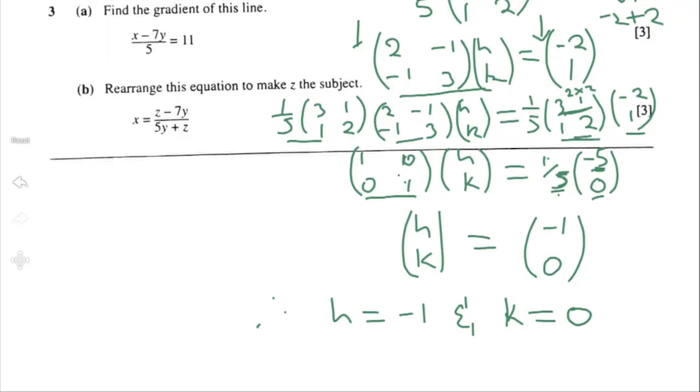A matrix multiplied by its inverse always gives you the identity matrix. Okay? So basically that's how you can solve simultaneous equations using the matrix method.